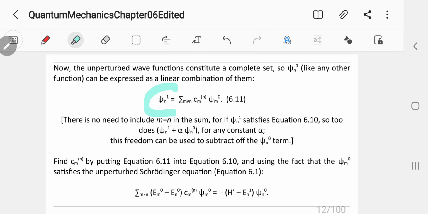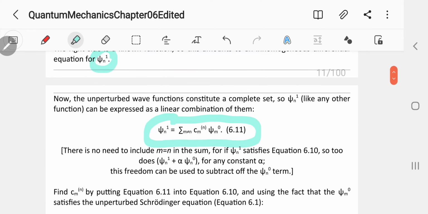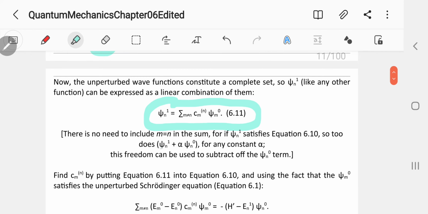So we can write phi_n^1 like that. We don't include m equals n anymore because of course, if phi_n^1 satisfies this equation, then of course this will also satisfy that.